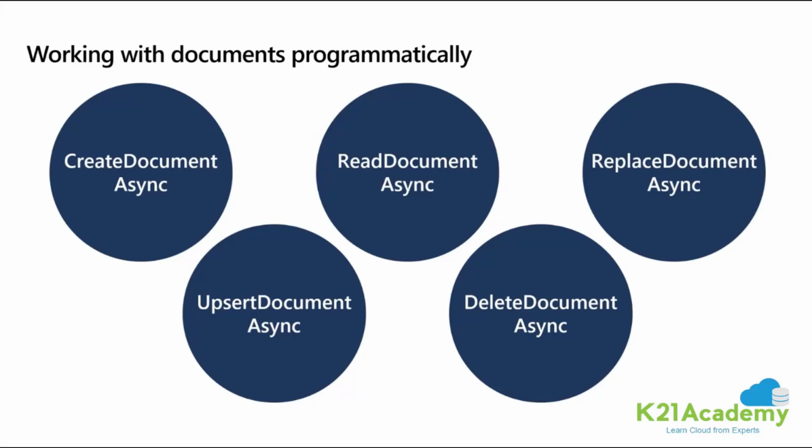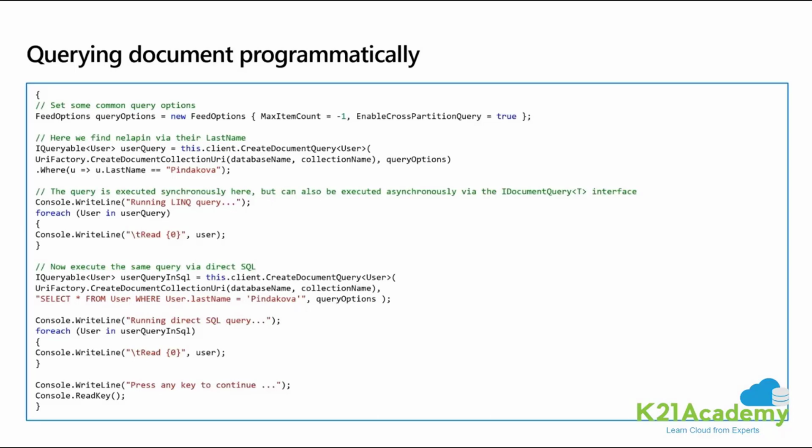As part of the Azure Cosmos database SQL API client library for .NET, various methods are available by which you can do operations with Cosmos database. We can create documents, read documents, replace documents, and do upsert. Upsert is basically insert plus update, and we can delete documents asynchronously. Here we have some examples of how we query the Cosmos database programmatically.